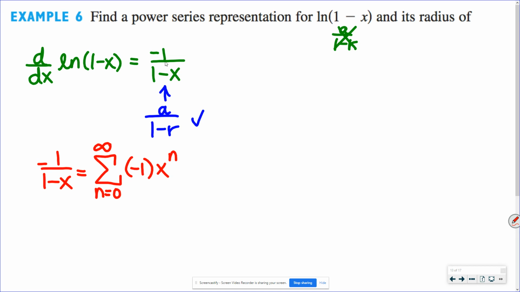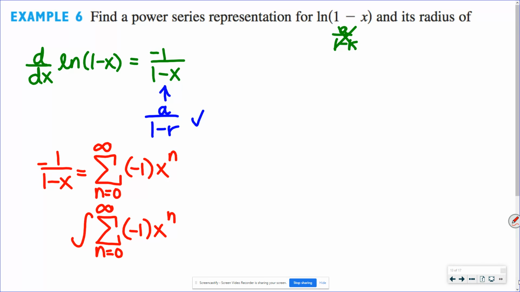But this represents the derivative of what I need. I need ln, and I have its derivative right now. So what you need to do is take the antiderivative to get back to ln, okay? So we're going to take the antiderivative of this 1 over 1 minus x thing, and that's going to give us a series that represents ln, okay?